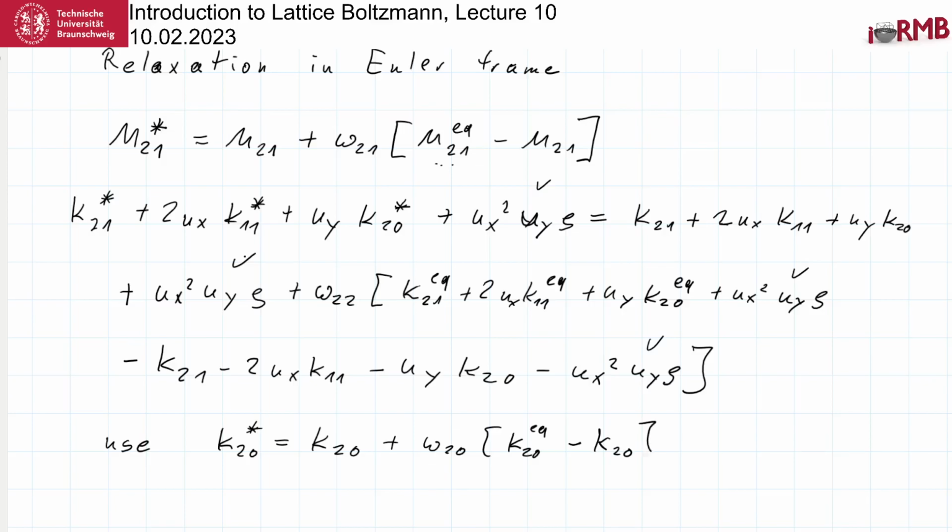So this is what we can simply write down, and we have k11 asterisk is k11 plus, and I use different rates for each moment. This is not usually necessarily done in reality, but just for the analysis that we make here.